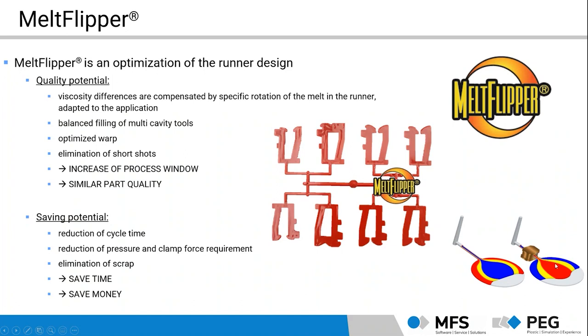And so to rotate it in that way that we fill the inner parts or the inner areas of this cavity first. And so to avoid an air trap here and in general to achieve a more equal filling of this part. So it's also possible to use this technology in some special cases or special applications in single cavity tools.